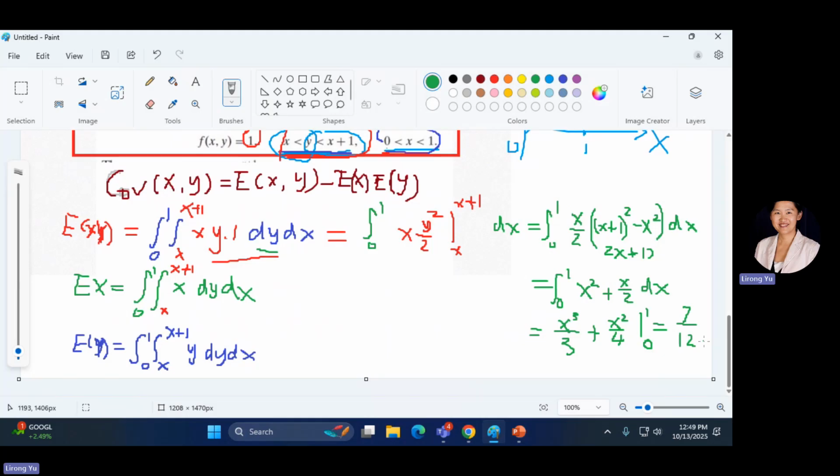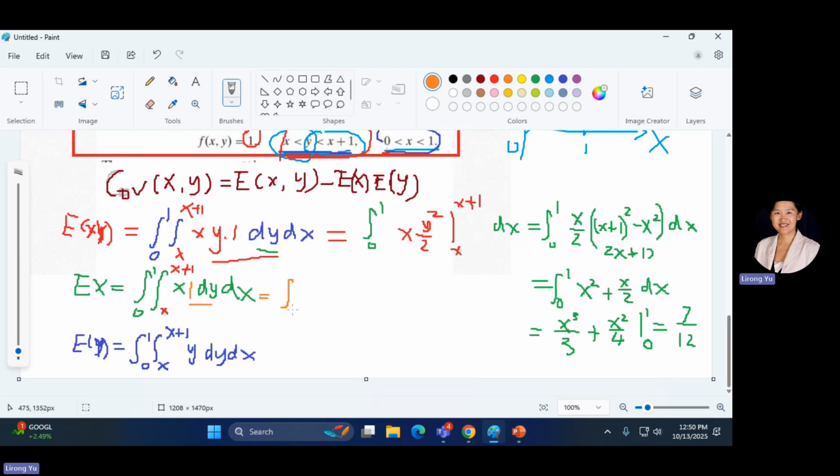Are we getting the same answer? Right. You can definitely confirm with the book; there's a solution. So second calculation, let's integrate. The integration of the inside is x dy. For y, the antiderivative will just be y, with upper limit x plus 1 and lower limit x, so x plus 1 minus x is 1.